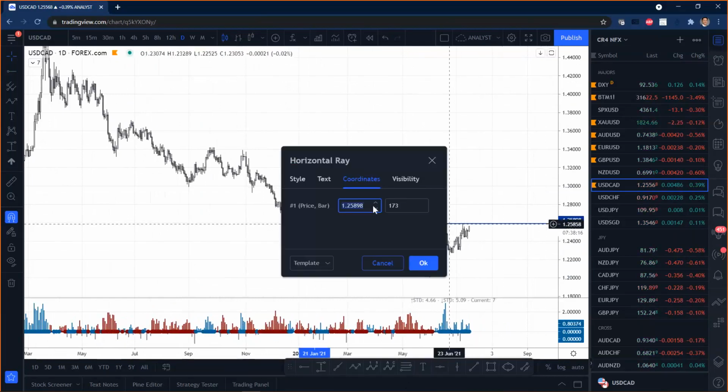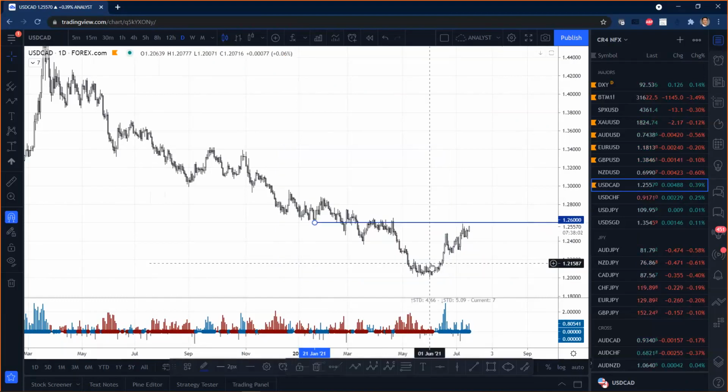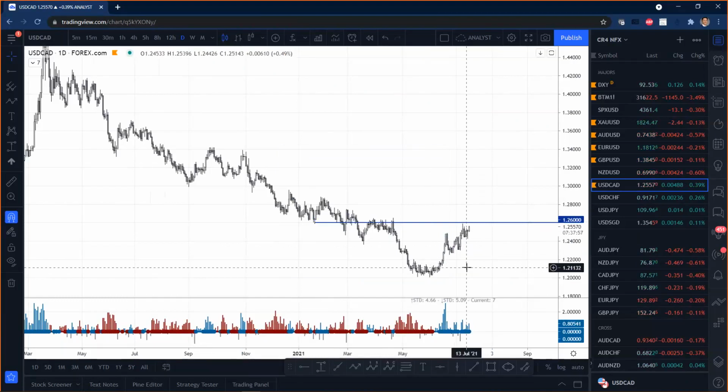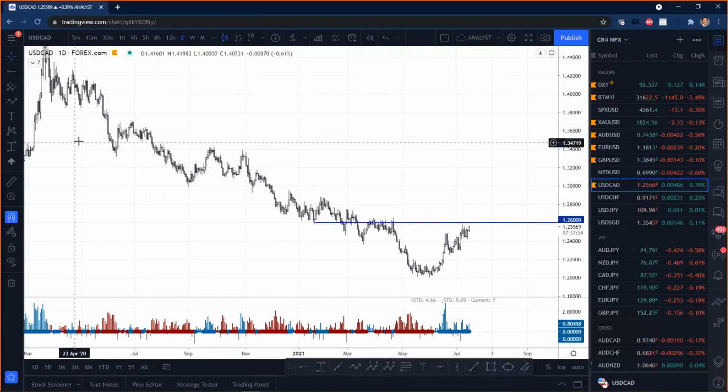If we break that 126 area, then we probably want to consider continuing to be bullish on dollar CAD, which at the end of the day is bullish on the dollar and weak on CAD.